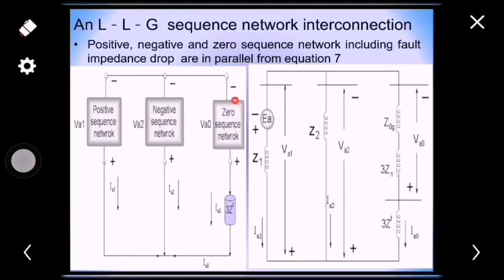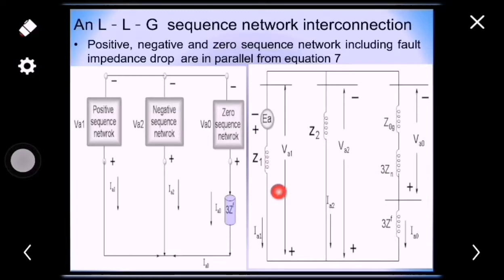Now you can see from this diagram that these 2 branches are in parallel. Z0G, 3Zn, 3Zf are in series. That is in parallel with Z2, and that is in series with Z1. So applying Ohm's law in this network reduced by this series-parallel combination, IA1 will be equal to EA divided by Z equivalent of the entire network, and Z equivalent is the parallel combination of Z2 with Z0 plus 3ZF, and that combination is in series with Z1.